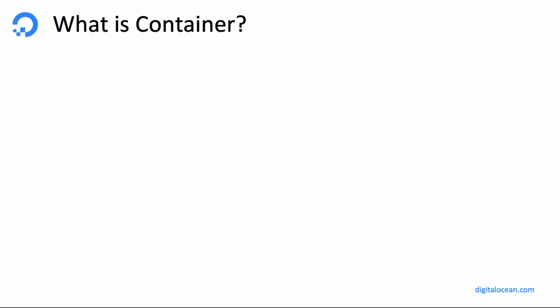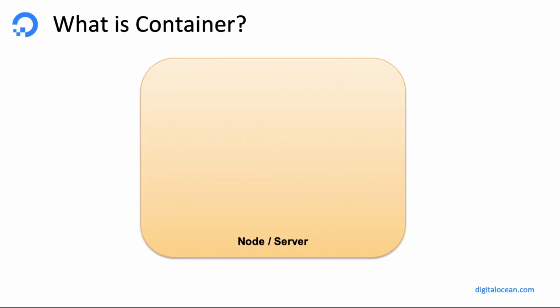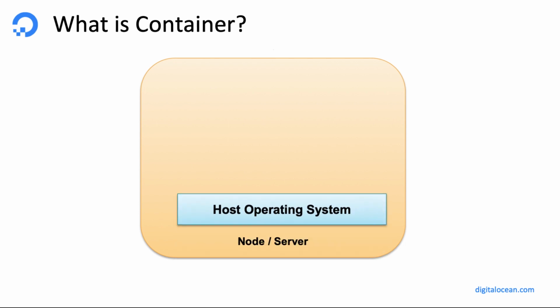So let's see, we have a node or a server or a machine over here. You can name it as anything. And obviously, we would be running an operating system on that. That is called a host operating system because this machine would be referred to as host or a node. So this is the operating system running on the node. You install a container runtime like Docker on top of it so that you can spin up containers.